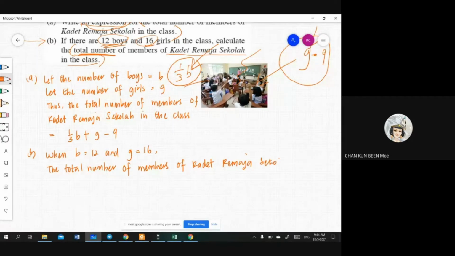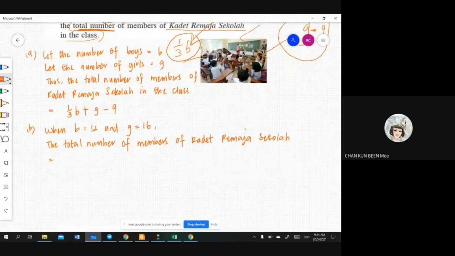It's very long, but no matter how, you still have to write down properly because we need to make our answer systematic. So the total number is equal to, you are going to substitute into the algebraic expression that you formed earlier, which is 1/3 B. Now we are going to substitute the value of B. What is the value of B?